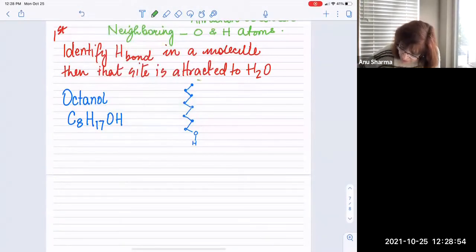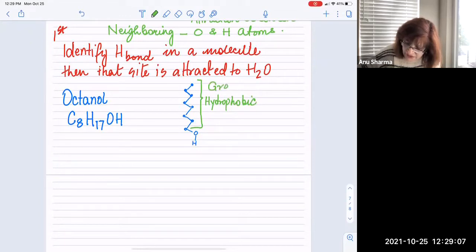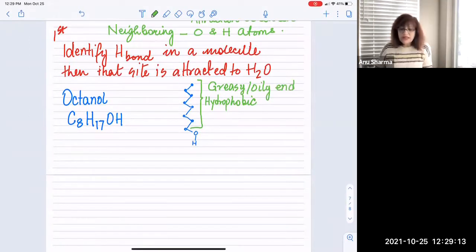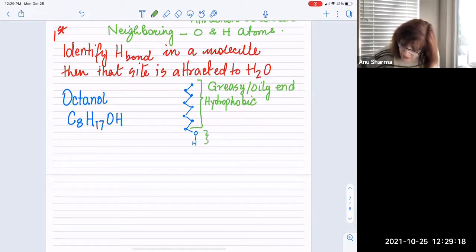So you see this top part is the hydrophobic part. Hydrophobic means that this is the very greasy, oily end in octanol. But this part is more polar.